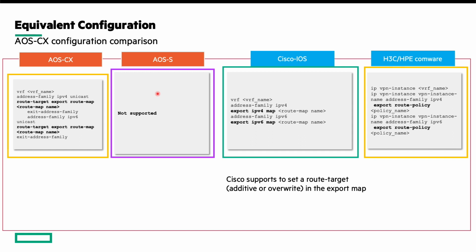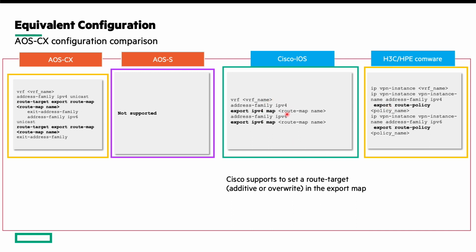If we now compare the AOS-CX implementation with different vendors or other product types, on AOS-S, as you know, we are not supporting VRF, so it does not make sense. H3C HPE Comware, yes, we have a command also, which is the export route policy.